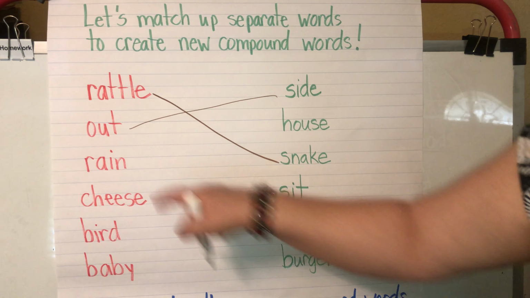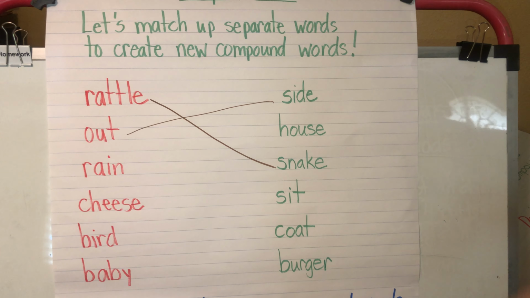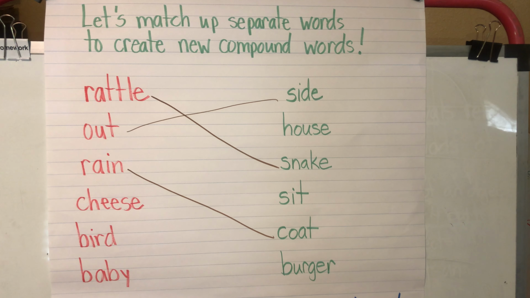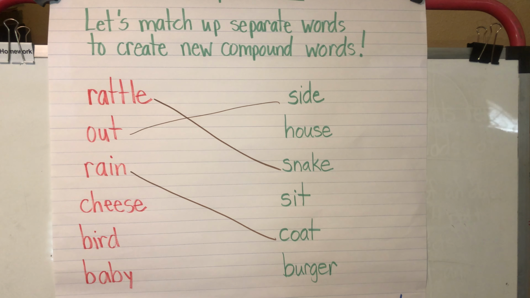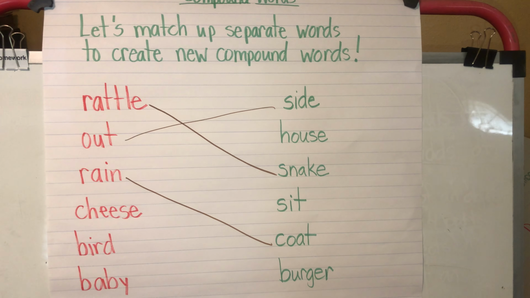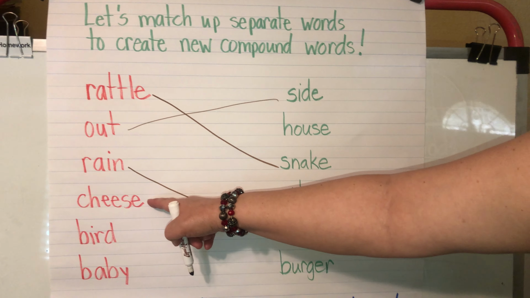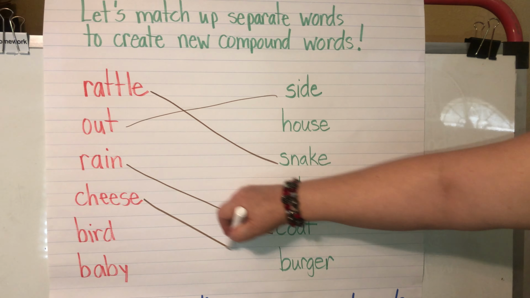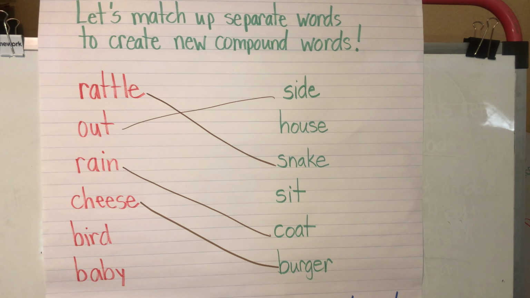I see the word rain I could match it with coat to form the compound word raincoat. I see cheese. I see burger. Cheeseburger, yum.